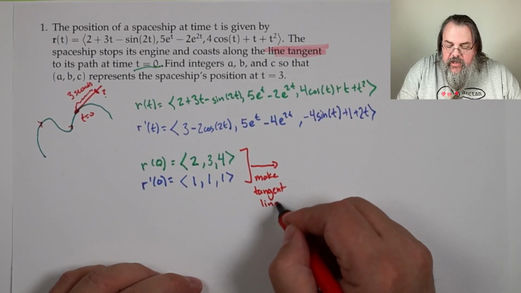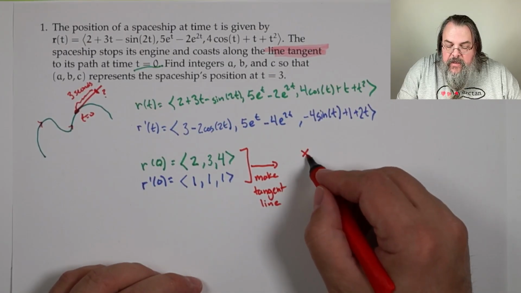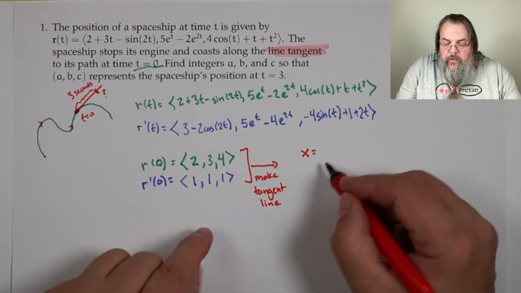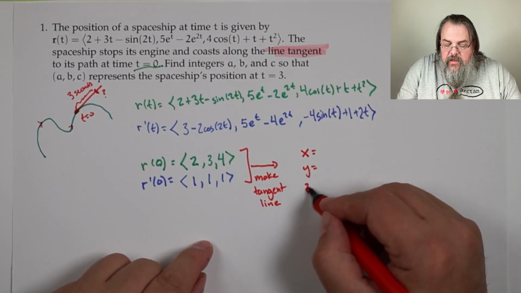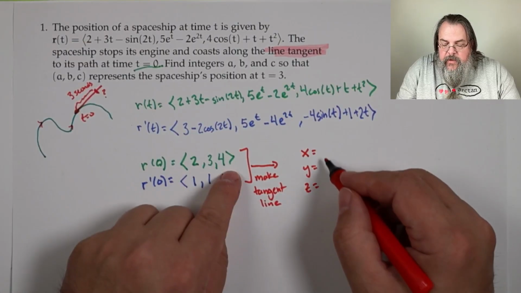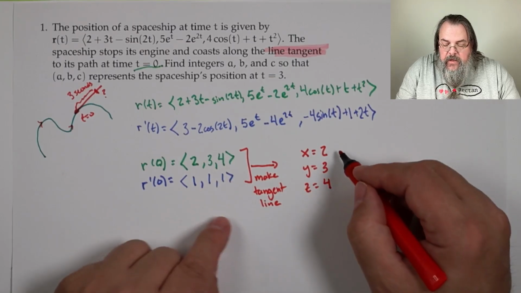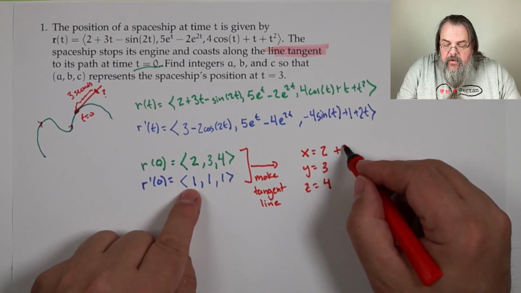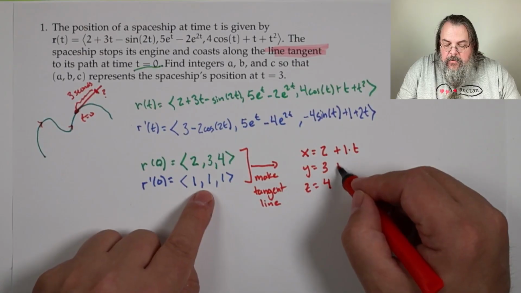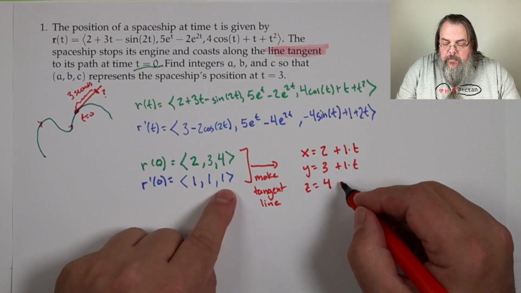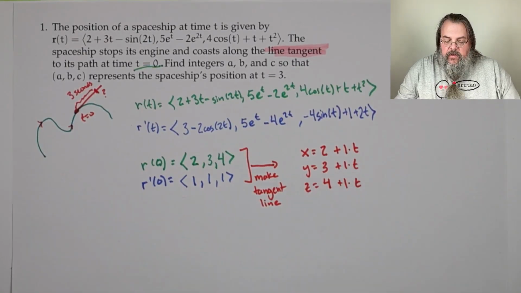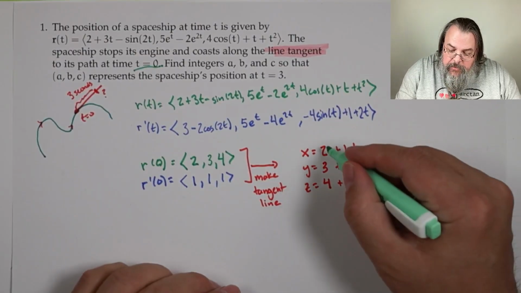Note to self, make tangent line. x equals, y equals, z equals. We get 2, 3, 4 is the point. So 2, 3, 4, there's our point. And then plus 1 times t, plus 1 times t, plus 1 times t. Right? So as a reminder, what do we have? This is our point.